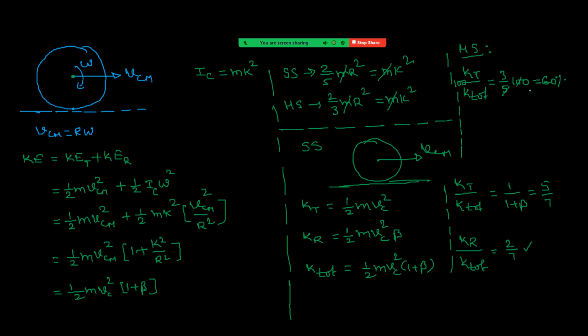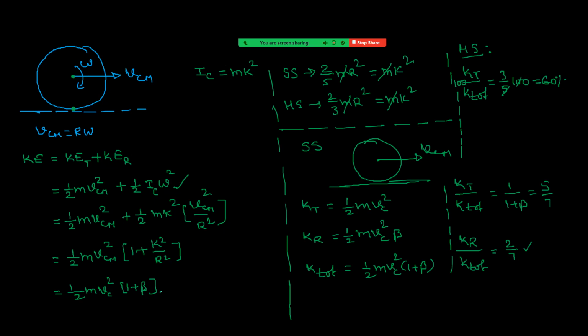And remember, this is only when it rolls on ground, or we can say the contact point velocity is 0, then only we can write VCM equal to R omega. So you can see this is a general one. In that general one, we have taken one special case where VCM equal to R omega.